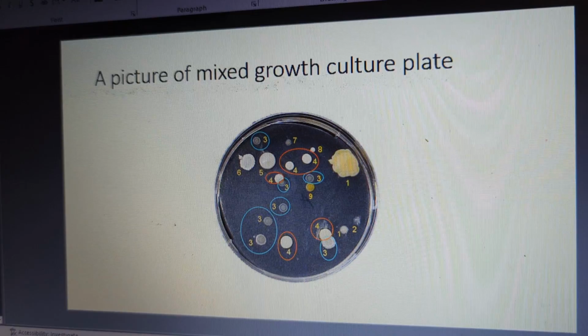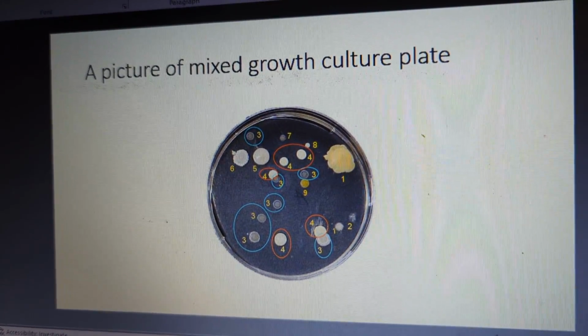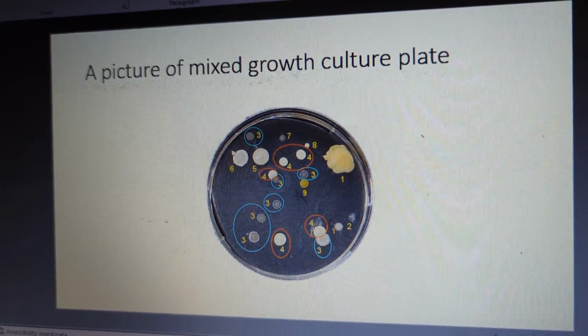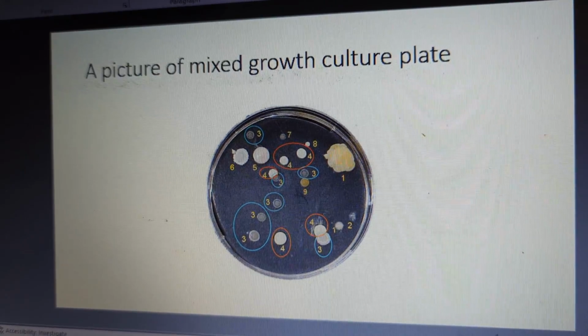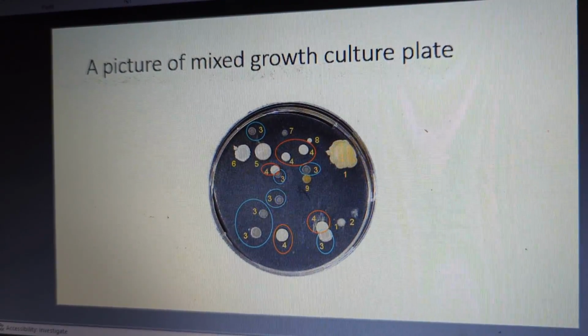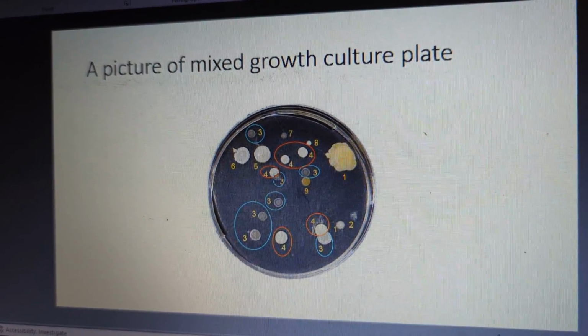So I have a picture there of just the culture plate, just to jog your memory, because you did look at the culture plate in your third year, but this is a culture plate of a mixed bacterial growth.